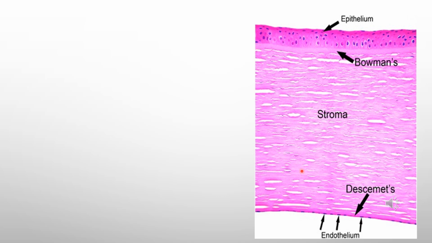This is a light microscopic picture for the cornea. As we see the structure, corneal epithelium, Bowman's membrane, and substantia propria or stroma, and then Descemet's membrane and endothelium. Let's see the question on the cornea.